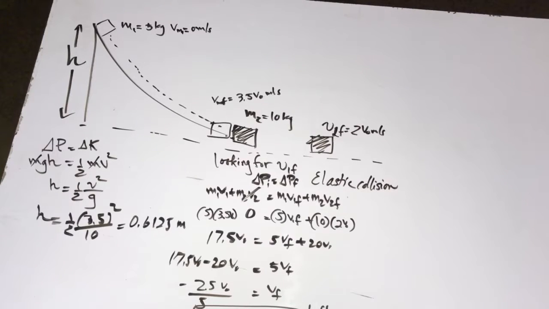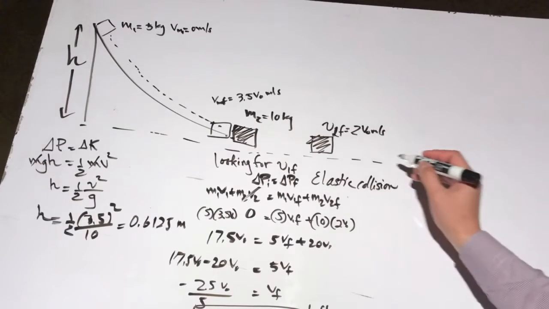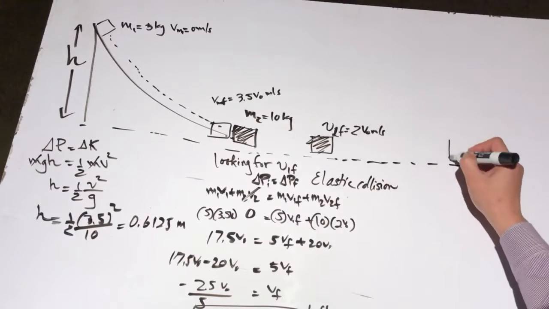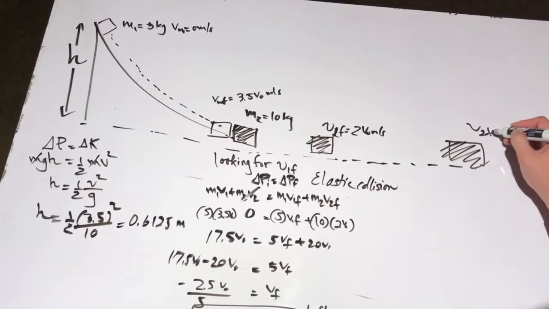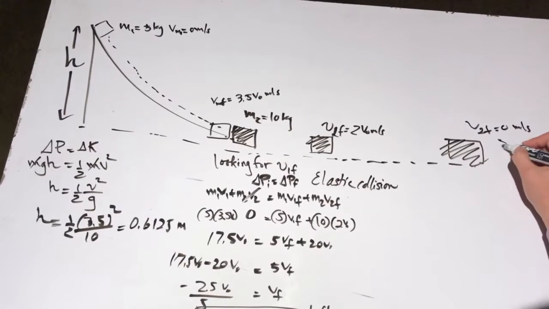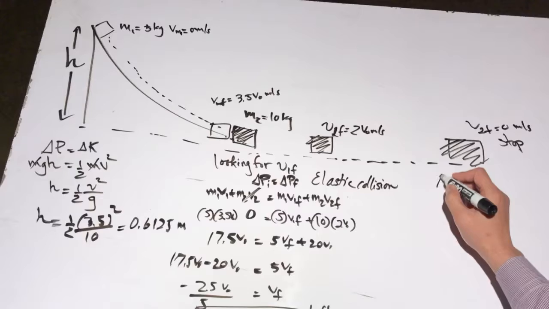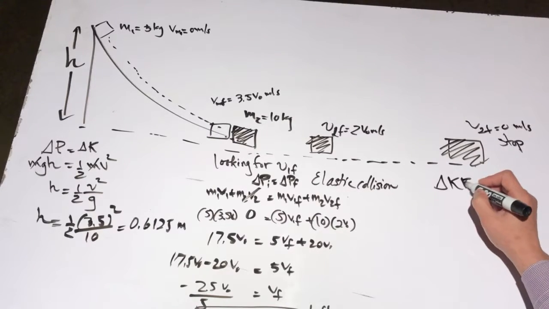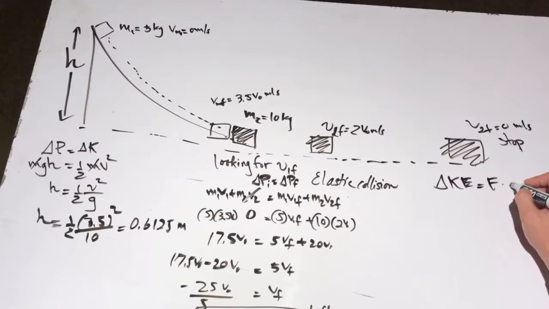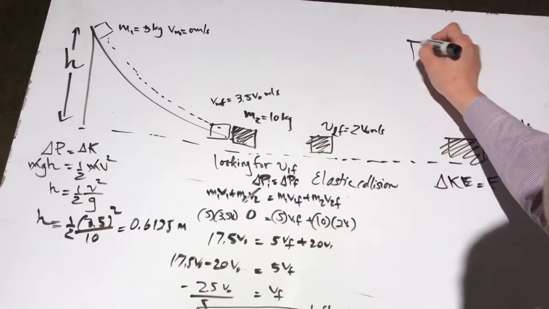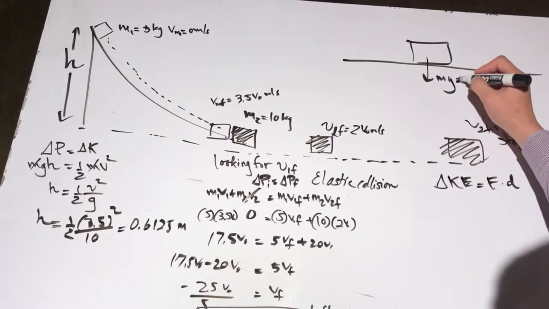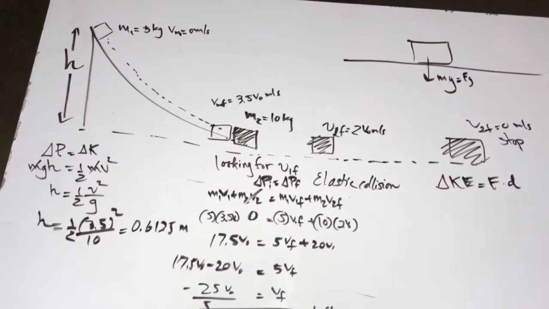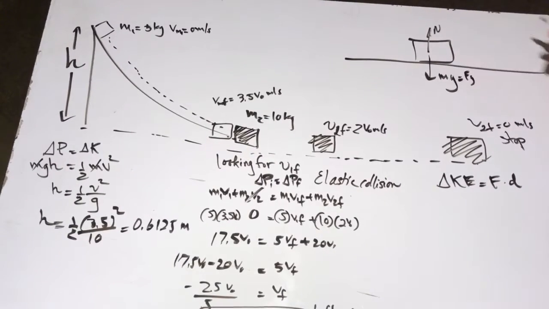Now let's go back to the last part of the equations. Since they don't stick, the only thing that happens is this block right here, and eventually its final velocity is zero, because it will stop. Work is force times distance, remember? This is the force due to gravity, Fg, and that's the normal force.